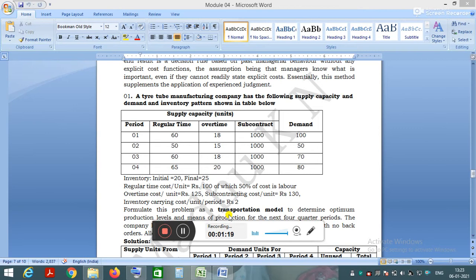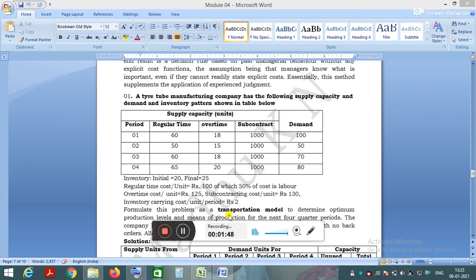For period 1, it can produce, in terms of units, 60 units using its regular time. By using overtime it can produce 18 units, and through subcontract, that means giving contracts to other companies, it can produce 1000 units, and the demand for the first period is 100.